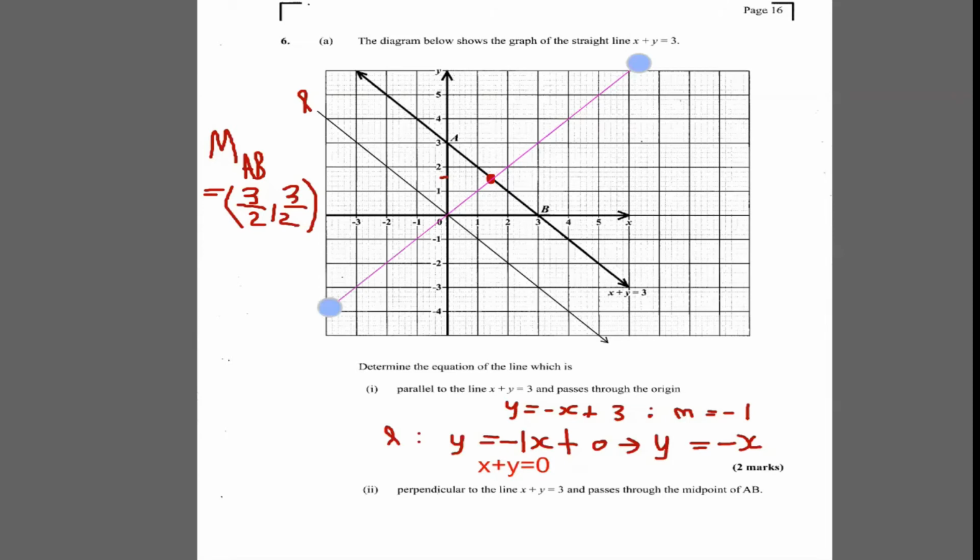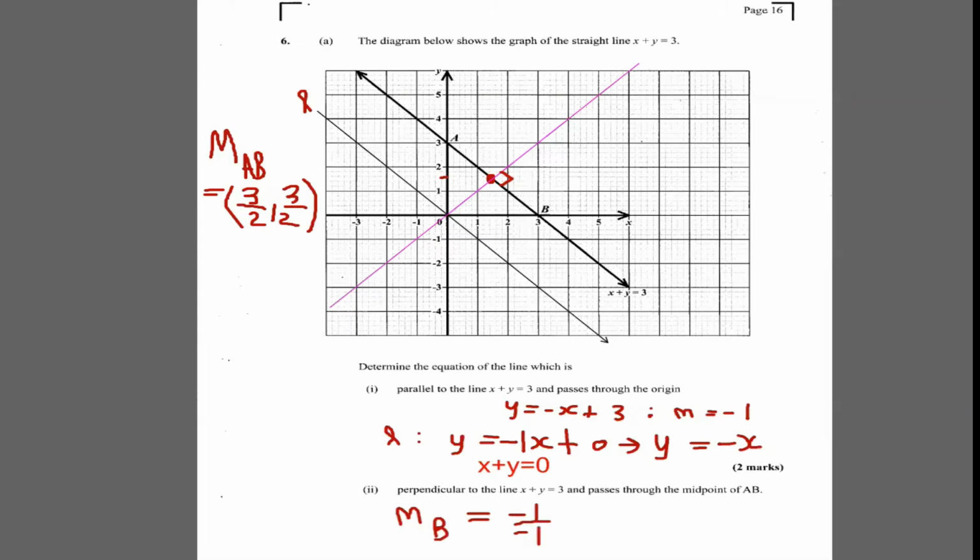All right, the perpendicular bisector and this line have negative reciprocal gradients. So let's call that line B. The gradient of the perpendicular bisector is going to be equal to -1 over -1.